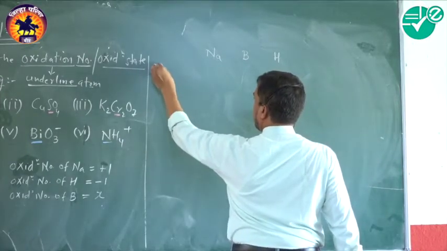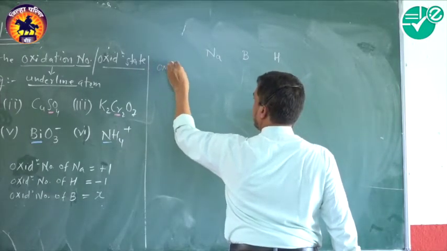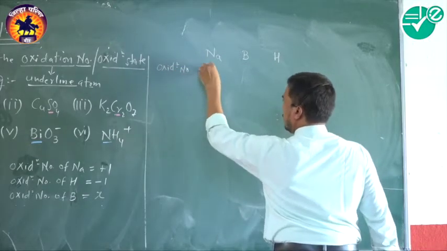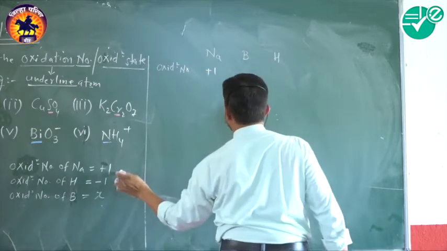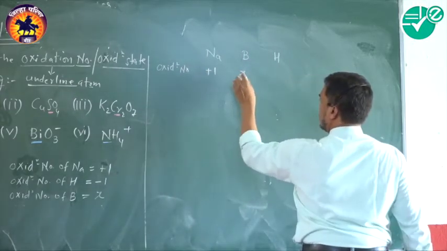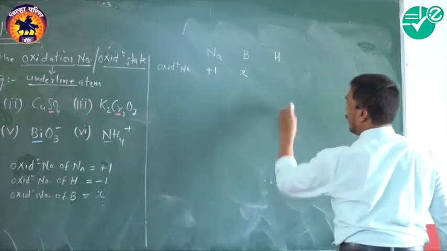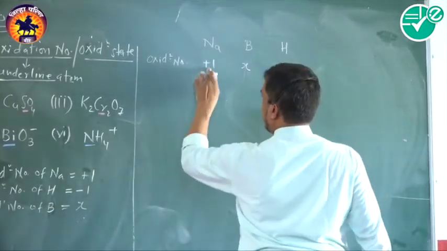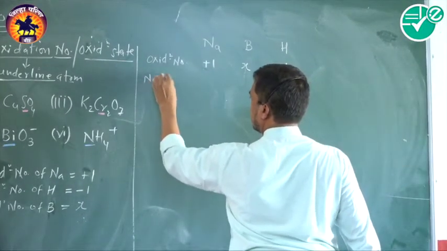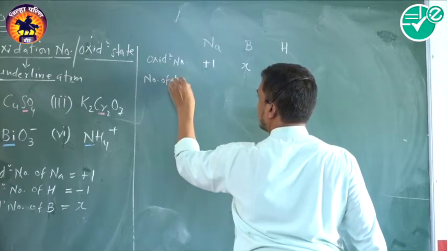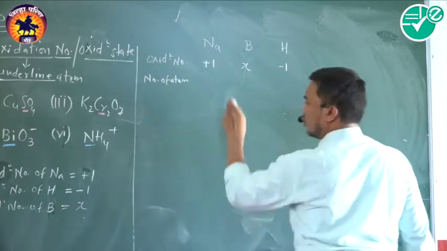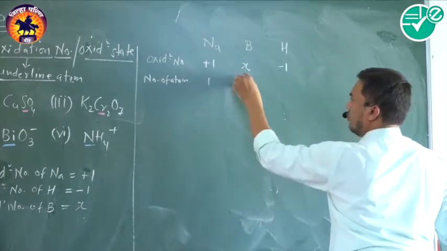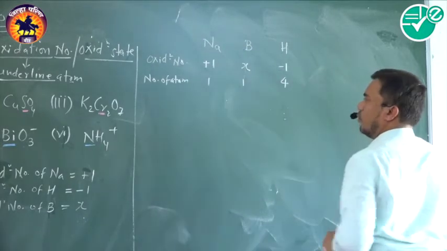Now, the oxidation state or number: sodium, we already wrote +1, boron to calculate, and hydrogen is -1. Then the number of atoms of each element.